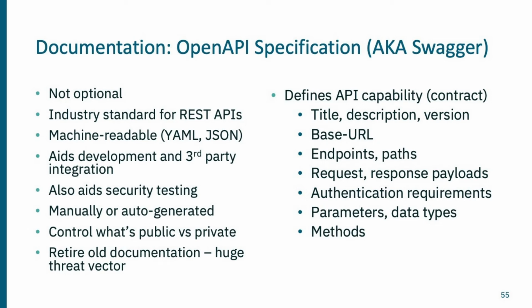The documentation itself will define really everything about your API, right? The functionality, the endpoints, the description, where the API exists, the base URL, all the endpoints, the payloads, authentication requirements, the input parameters and data types, what methods are supported.